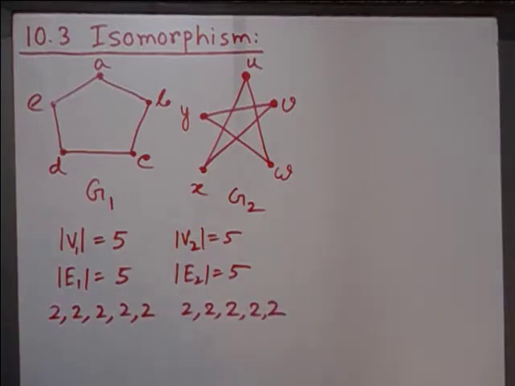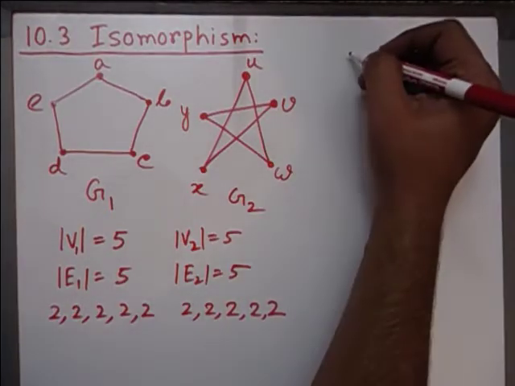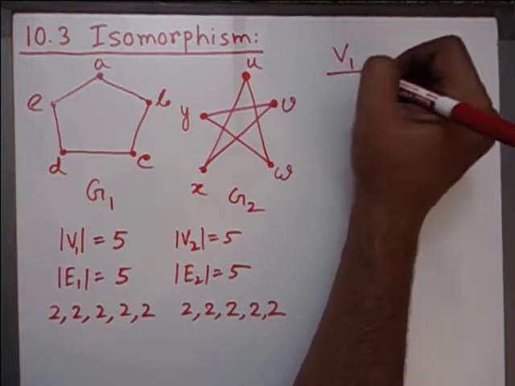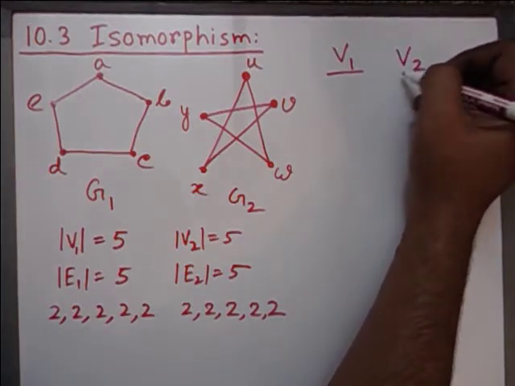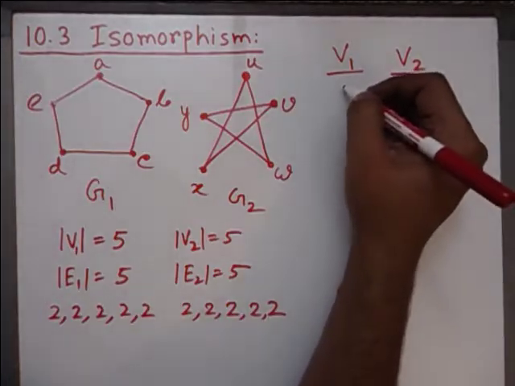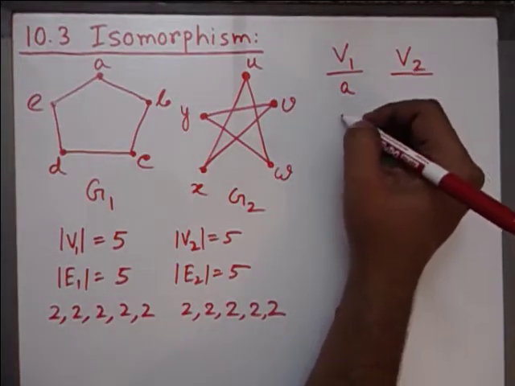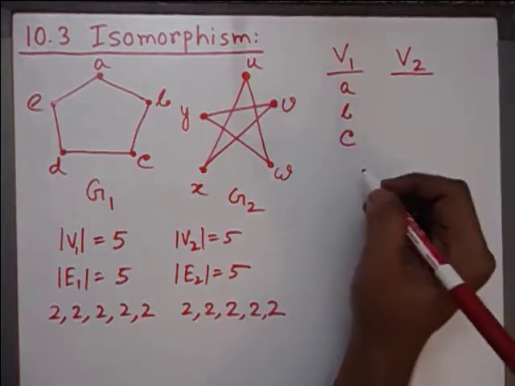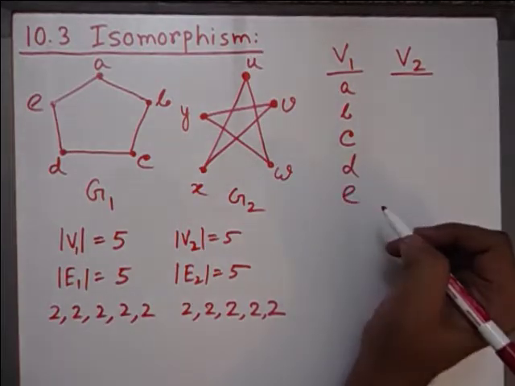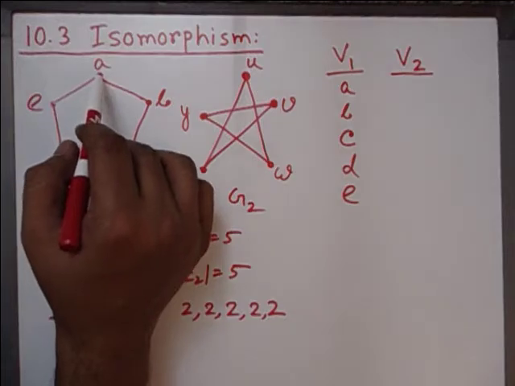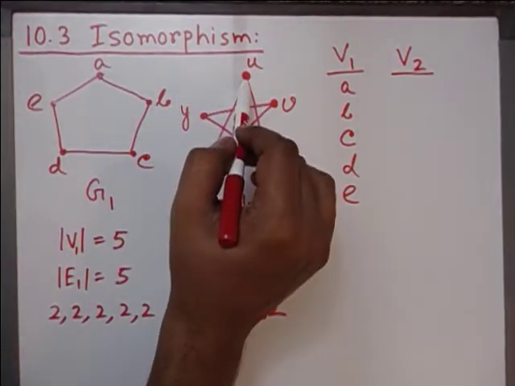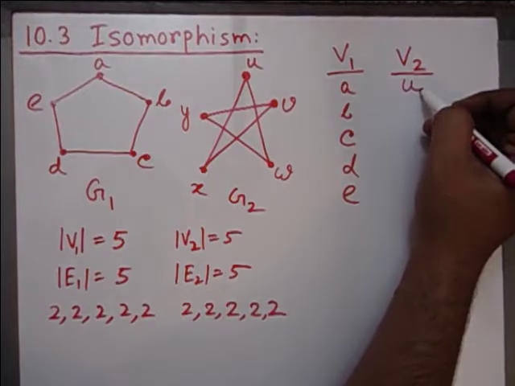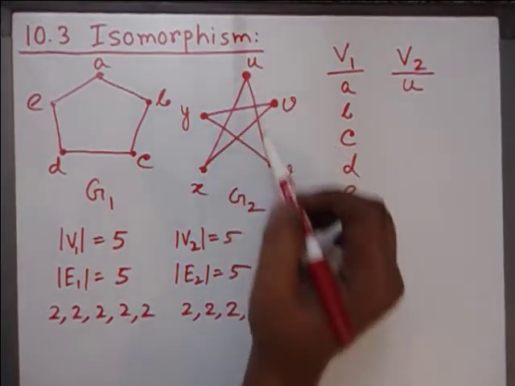So it seems like they are isomorphic, but it only seems like. To prove that they are isomorphic, we need to provide a bijection between the vertex sets, between V1 and V2. So let's see. V1 has A, B, C, D and E. Let's say we map A to U. Then U has two neighbors.